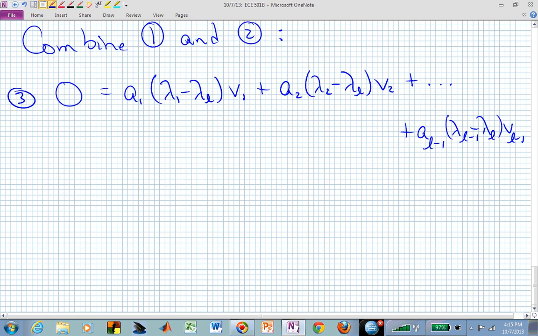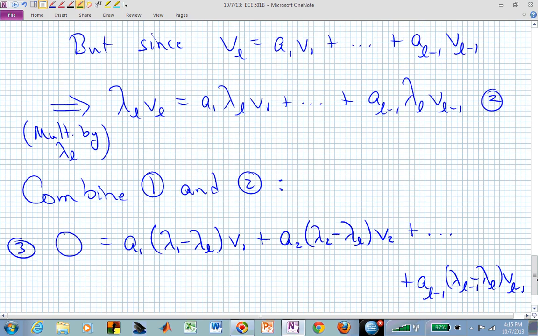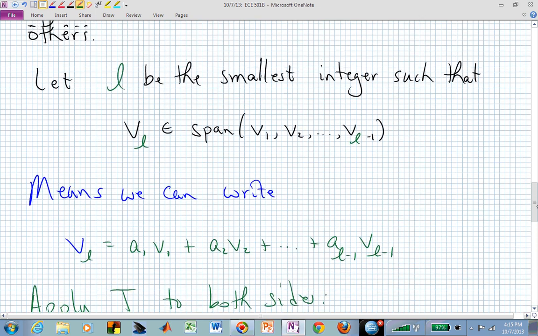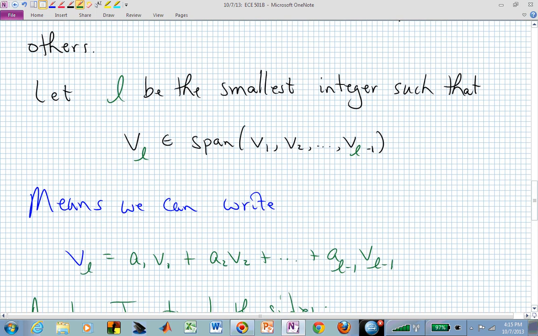But what do we know about the v1, v2, and v sub L minus 1? Do we know anything about that? So now from this assumption, with v sub L being the smallest integer before it belongs in the span of all the previous vectors, all of these vectors, v1, v2, and v sub L minus 1, must be independent.